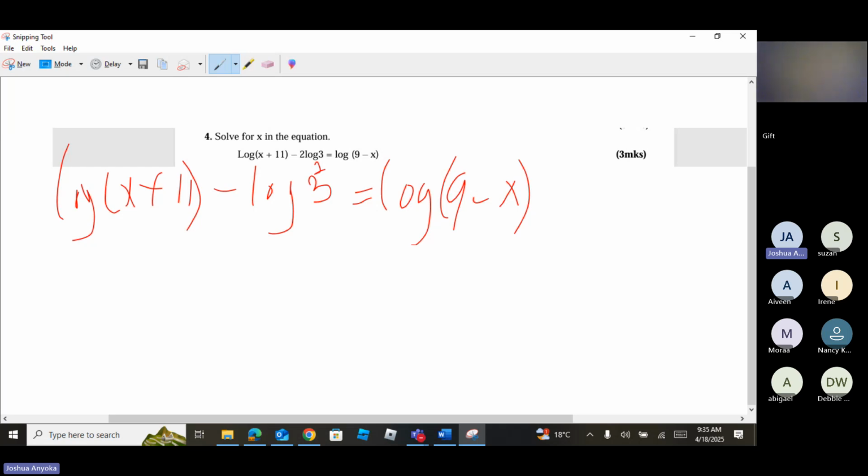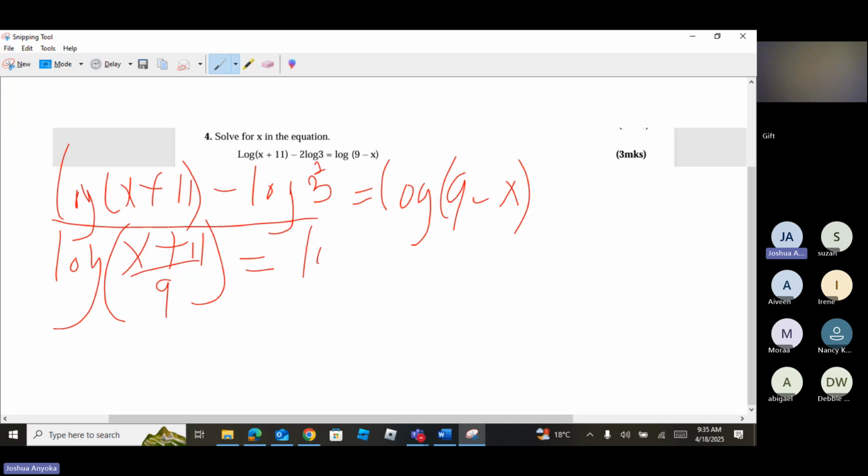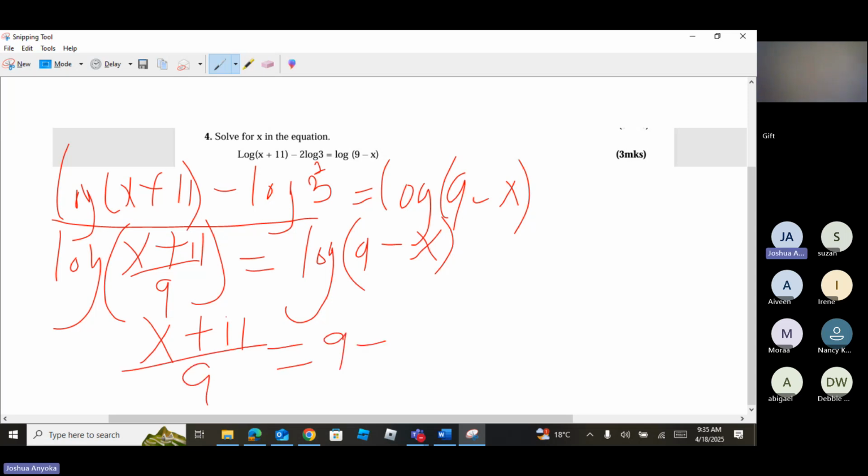Then this one looks like we can use the second law, the law of division. So we say log of x plus 11 over 9 is equal to log of 9 minus x. If we drop logarithms, we have x plus 11 over 9 is equal to 9 minus x.